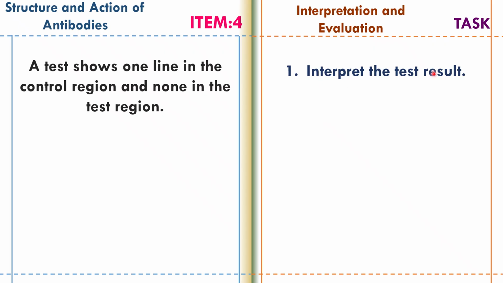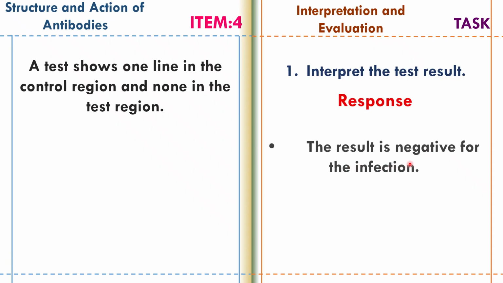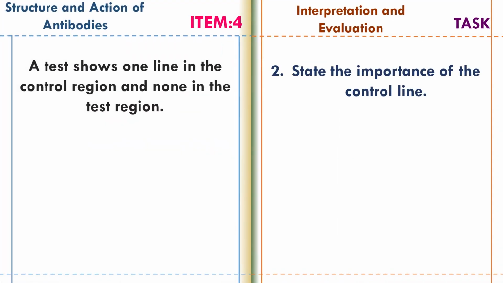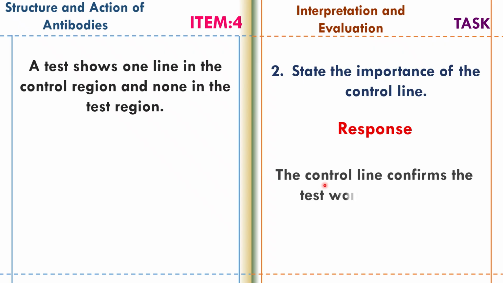Interpret the test result. The result is negative for the infection. State the importance of the control line. The control line confirms the test worked correctly.